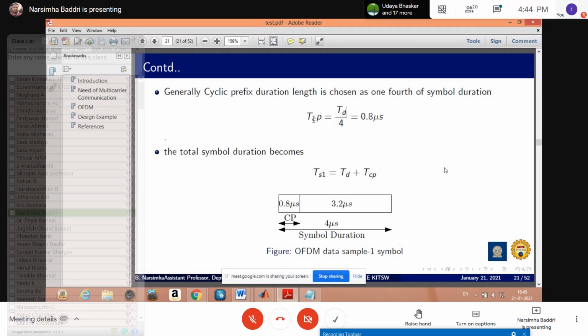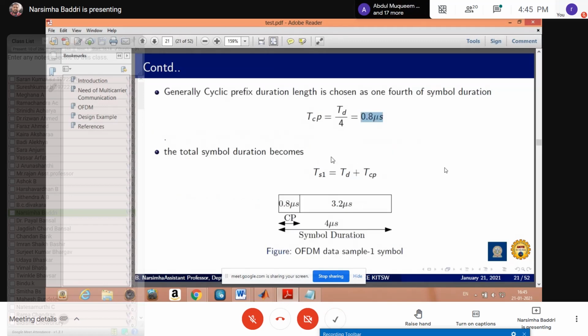Generally a fraction of the symbol duration is recommended. If Td is the symbol duration, 1/4 of that, 3.2 microseconds by 4, is 0.8 microseconds. So we are choosing the cyclic prefix duration as 0.8 microseconds.